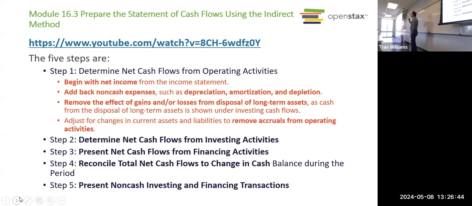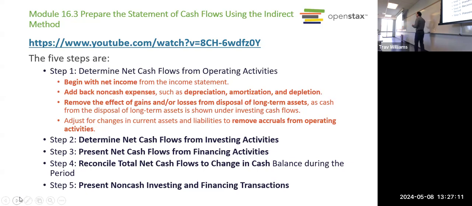Then let's say we had sold some assets and we either had a gain or a loss from selling these assets. The problem is that's not considered an operating activity, that's an investing activity. Your long-term assets, as I mentioned before, they're an investment in your own company.